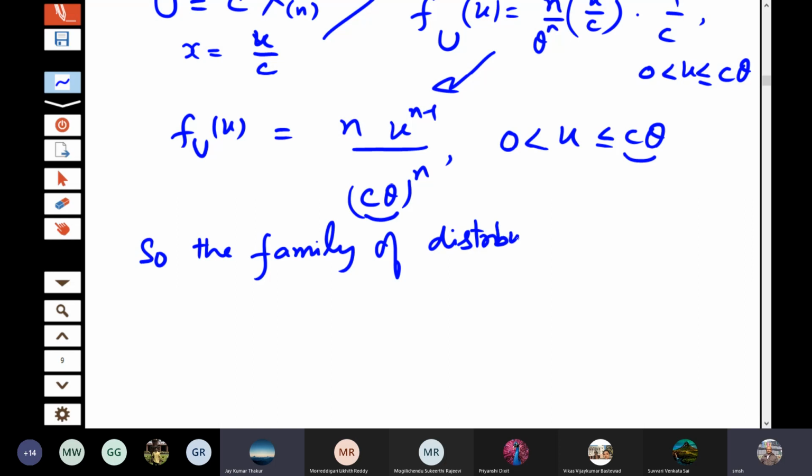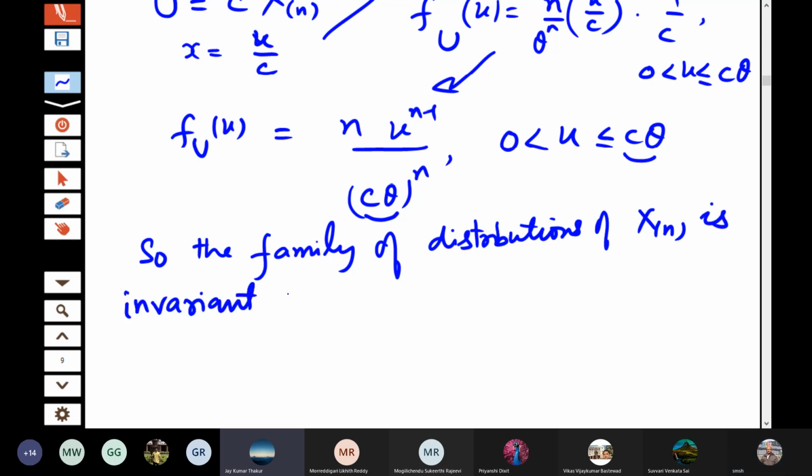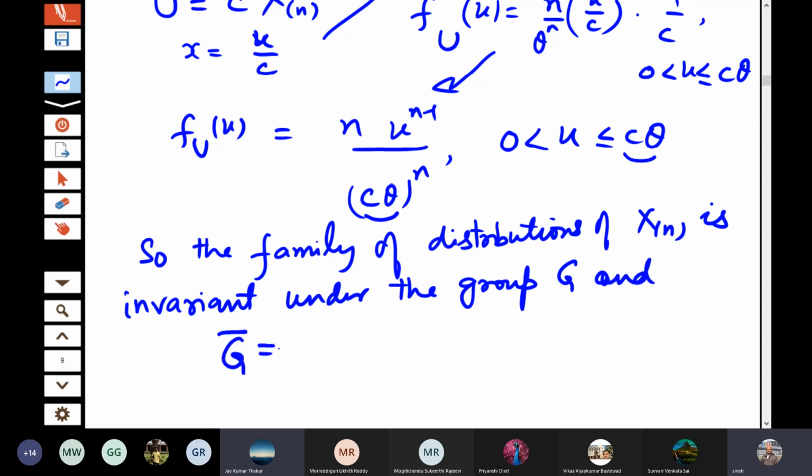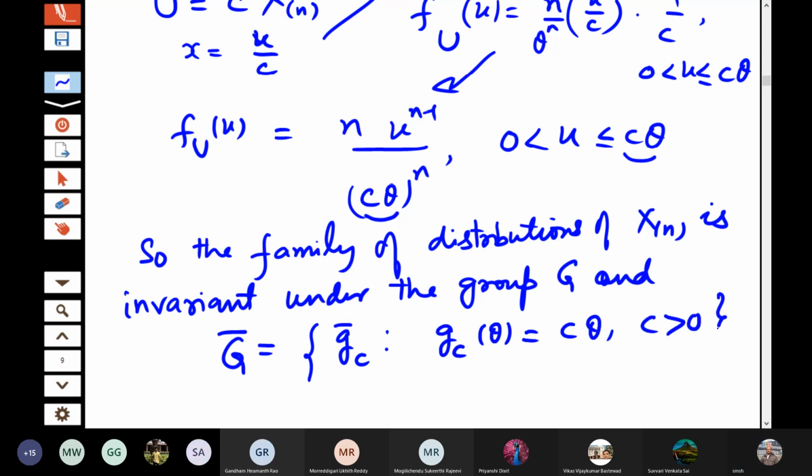So family of distributions of Xn is invariant under the group G, and the G bar group, that is on the parameter space, also it is the same thing, that is GC bar theta is C theta.